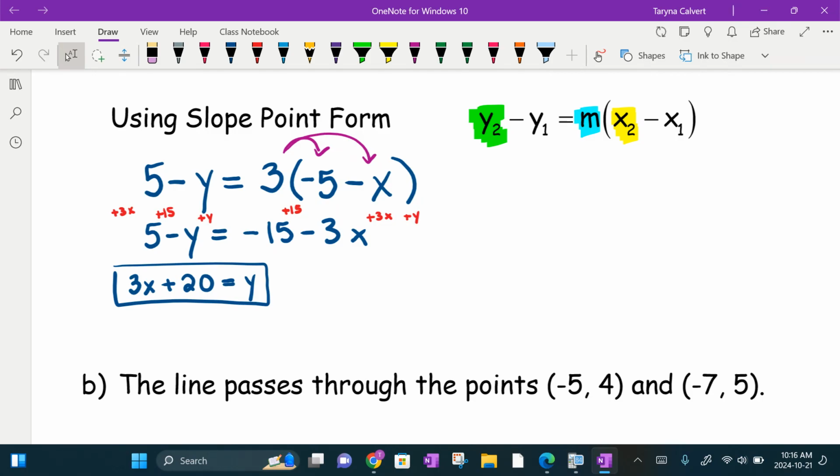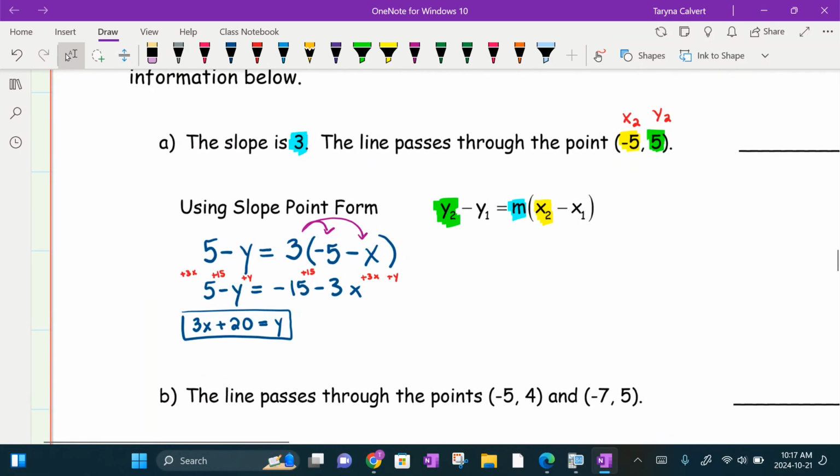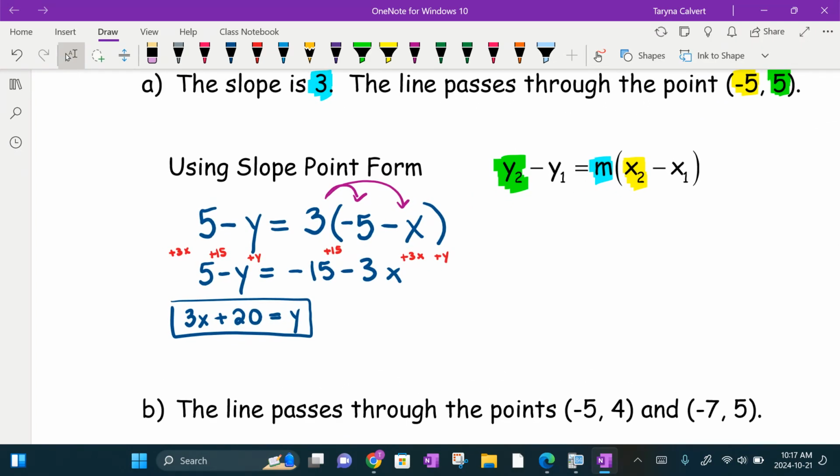Before, when we did this last class, you would have had to put x and y in for y equals mx plus b, right? 3 in for the slope, and you would have solved for b. Here, we're just solving for y equals. So that's another way that we can write an equation given our slope and a point. Hence slope point form. If you have the slope and you have a point, this formula works kind of nice.